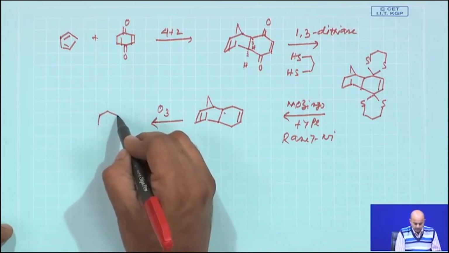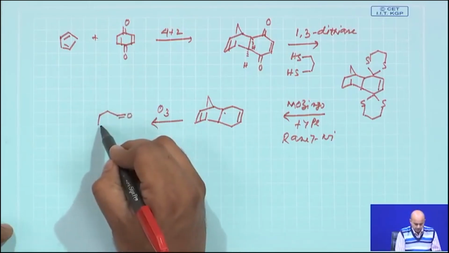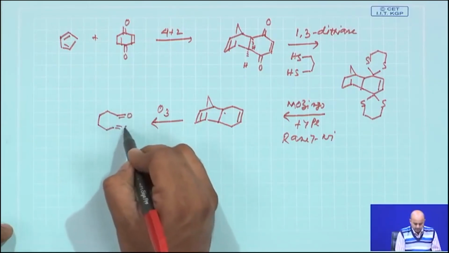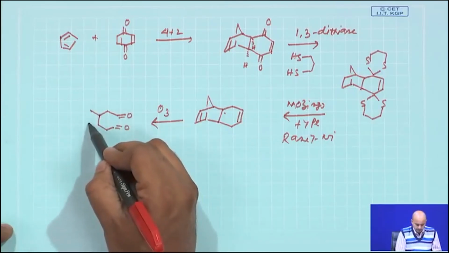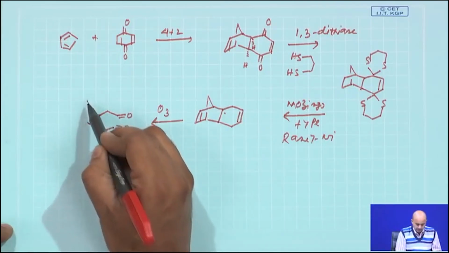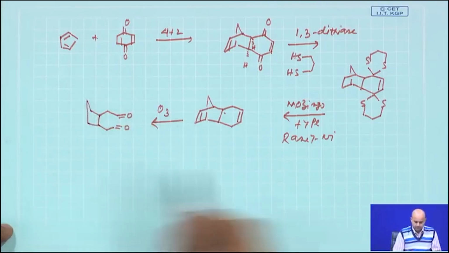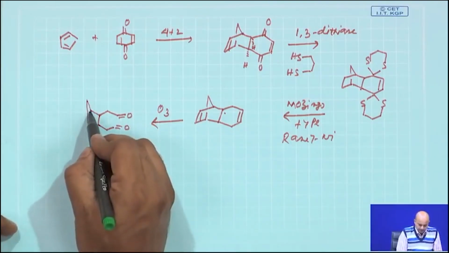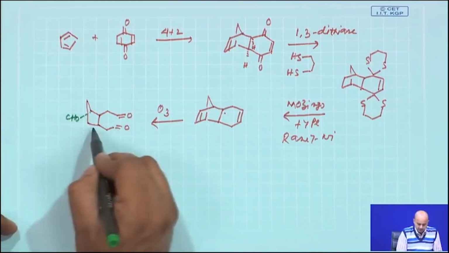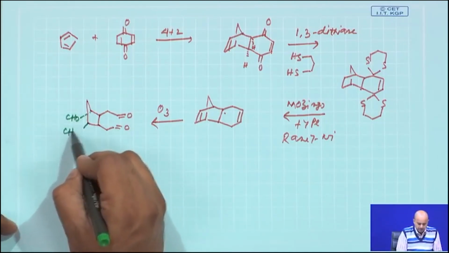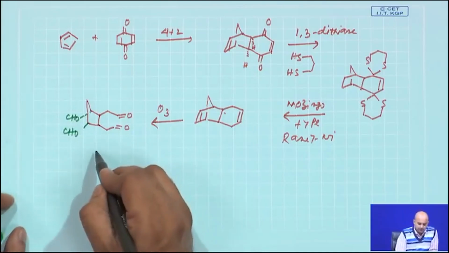I will write it double bond O, okay. Then the core cyclopentane, and from here you basically get one aldehyde and another aldehyde, and this compound is basically nothing.